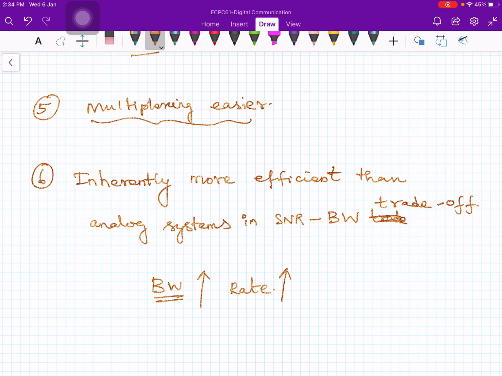So after all, when you want to transmit information, we need basic resources. What are the basic resources? Your bandwidth and power. Anyway, power we will not talk about now, but let us concentrate only on bandwidth.